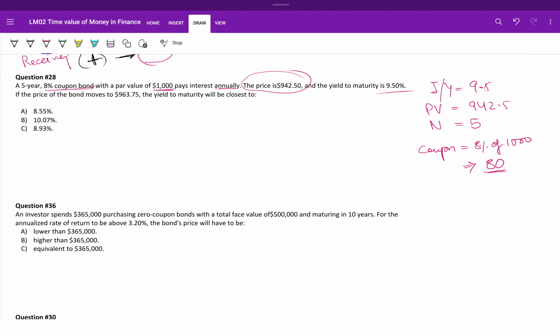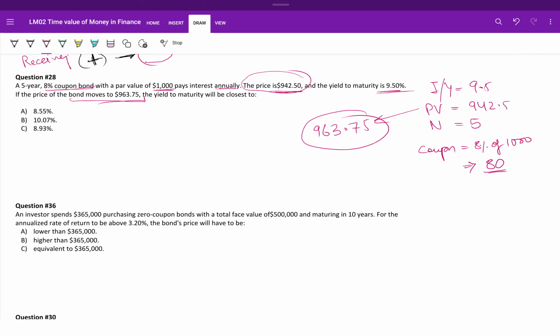Okay, the price is 942 and the yield to maturity is 9.5. If the bond's price moves to 963, now if the present value moves to 963.75, what would be the yield to maturity of the bond?